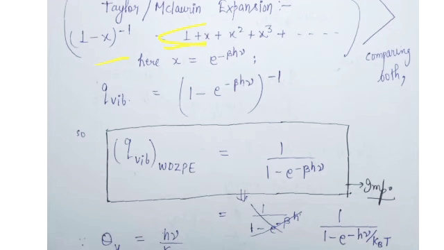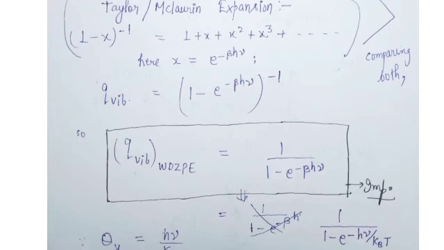How? By using the expression that I told you in the beginning, which relates both of the systems. By using that expression you can find the partition function for the system with zero point energy.